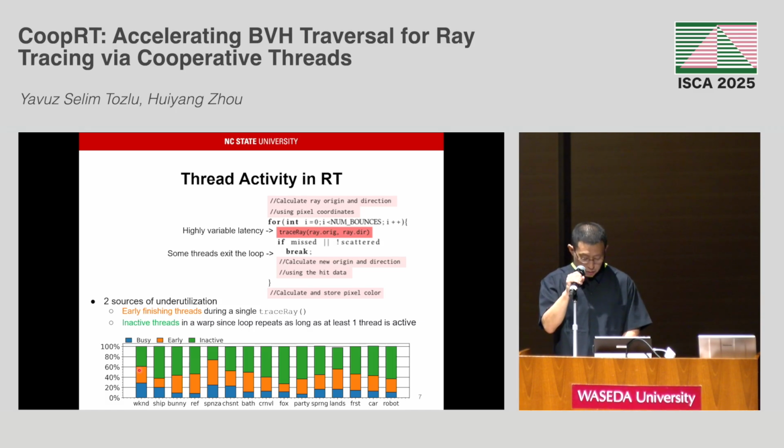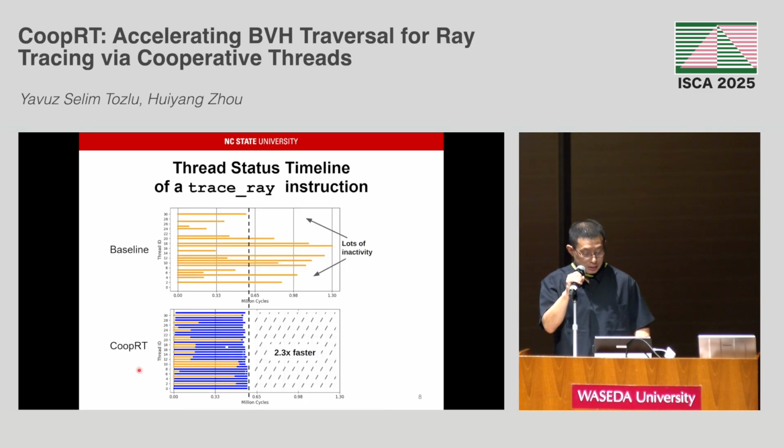Another way to look at this is this picture. The picture on the top describes the thread status of one warp during the execution of the trace ray instruction.